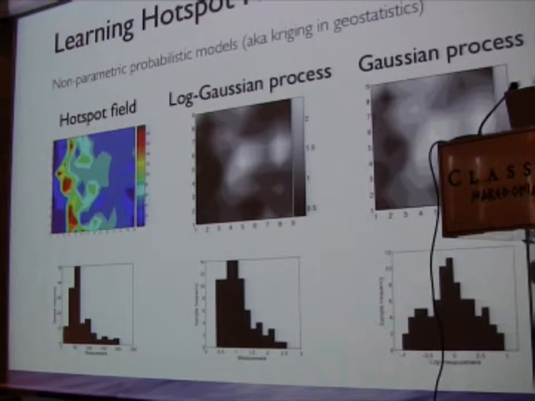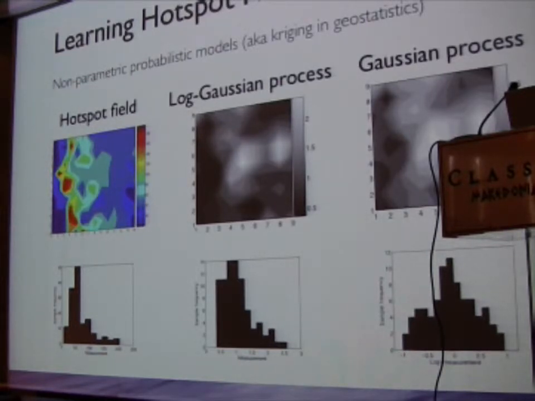Now, if you look at these two diagrams, the hotspot for the log Gaussian process is actually more pronounced than the hotspot for the Gaussian process. On the other hand, the areas of lower measurements in the log Gaussian process are more gentle than the ones in the Gaussian process.